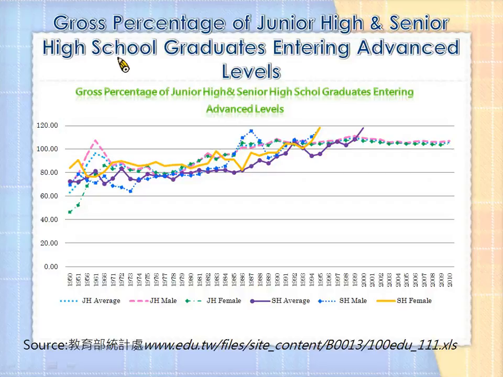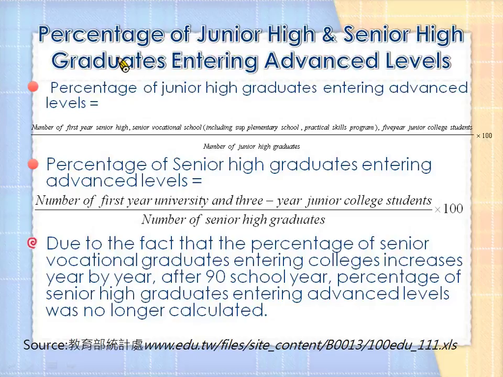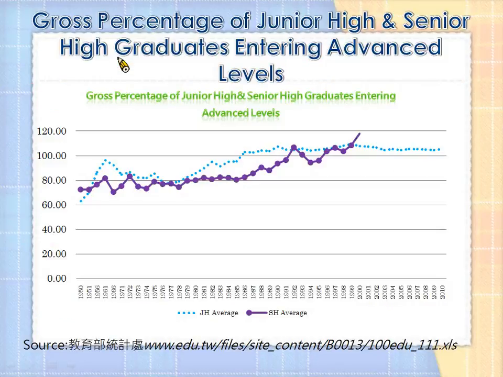And this is the percentage of junior high and senior high school graduates entering advanced levels. So you can see in any case that they are approaching a higher level. Here, just to make a calculation of the numbers, I think I will just skip this.